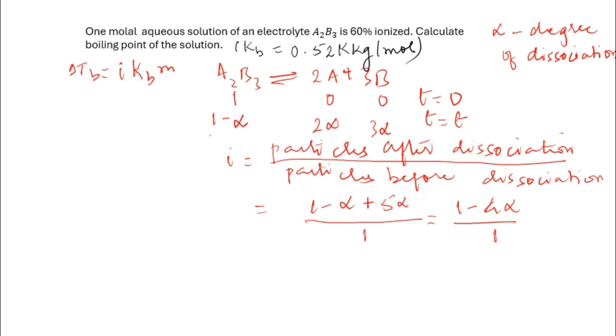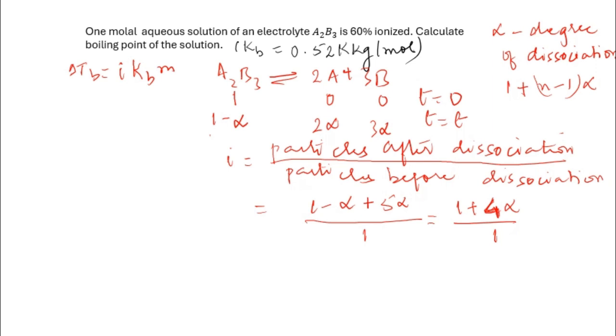The generalized formula can be written as 1 plus (n minus 1) alpha, where n is the number of product particles, because the number of product particles was 5 and in the formula you are getting 4. So it is the number of product particles minus 1 in brackets, multiplied by alpha.